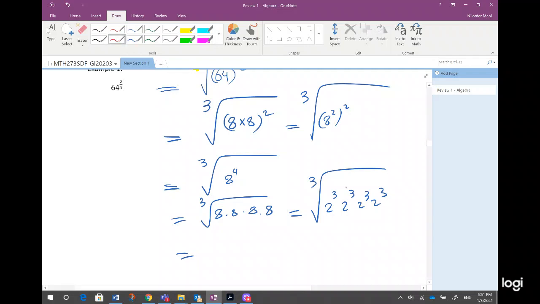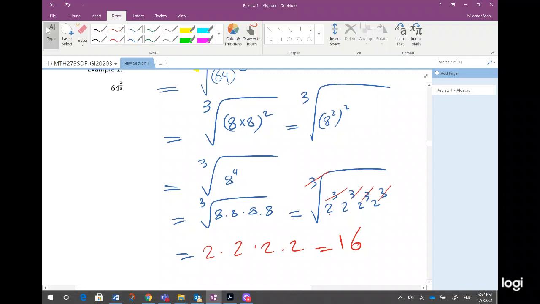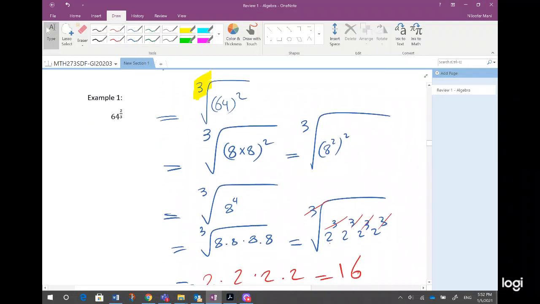This and this cancel, 2 comes out, 2 comes out, 2 comes out. So I have 2 times 2 times 2 times 2, which is 16. But you can use your calculator.